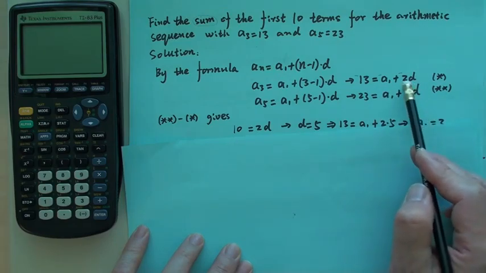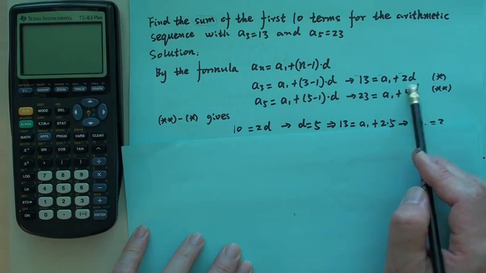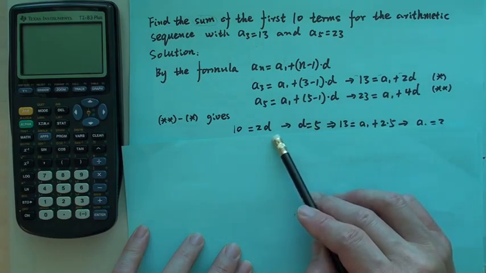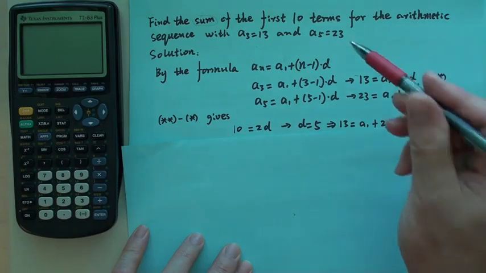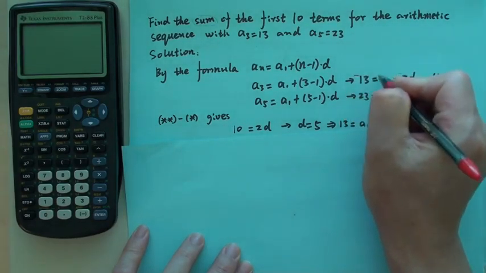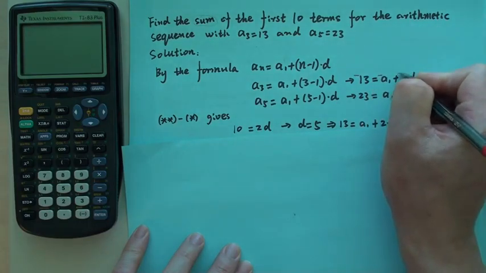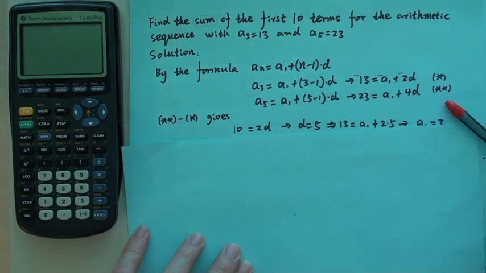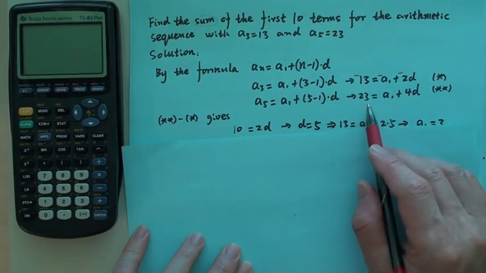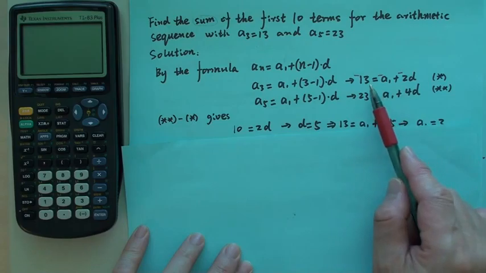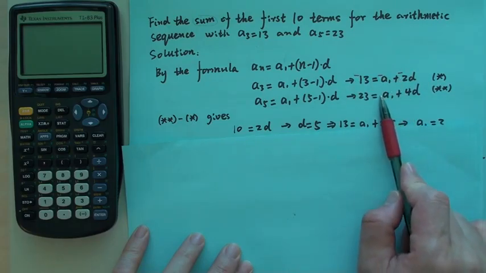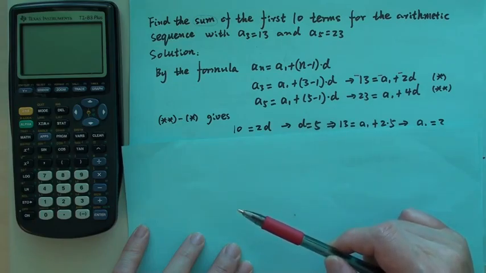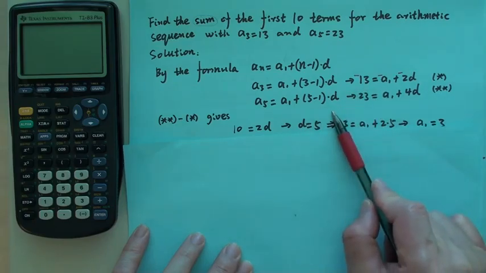Down here is 4d and negative 2d, so you have 2d. The technique again is you want to put negative everywhere and then do the addition. Don't do the subtraction, do the addition.